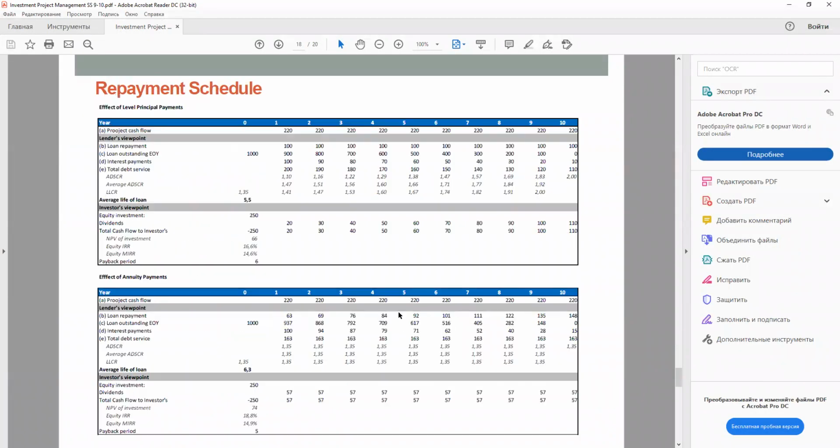There are various measures to calculate the loan life and average loan life, but what about the repayment schedule? Let's come back to the examples we already started. Loan repayments usually begin around 6 months after the construction of the project is complete and are usually made at 6 monthly intervals.